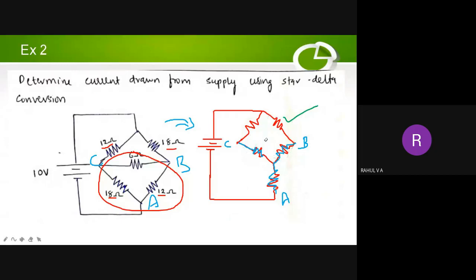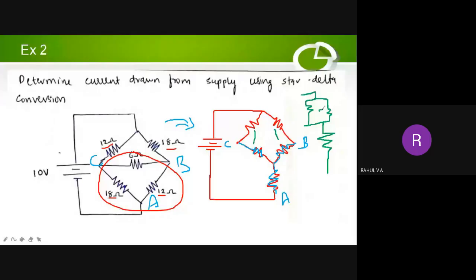After that, I can solve these two values. Again, I will get a single resistor.